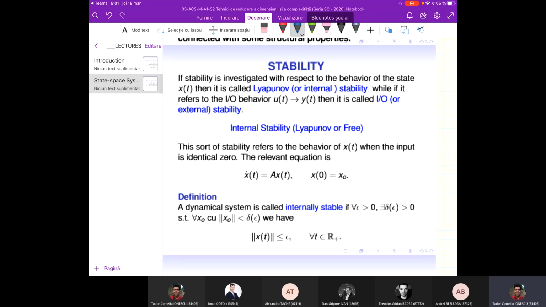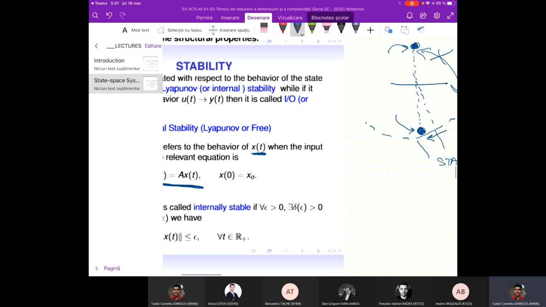So the behavior of the state is with respect to the homogeneous equation x dot is Ax. I remind you that for x dot equals Ax, the solution x of t is, not x0 in front, the exponential of At times x0.